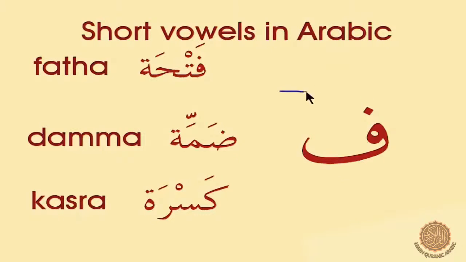So let's assume that this is the line where we write. The Fatha would be on top of the letter. Damma would be on top as well. And Kasra would be on the bottom. So Fatha, Damma, Kasra. That's just the terminology, and inshallah we'll find out how they're actually pronounced.